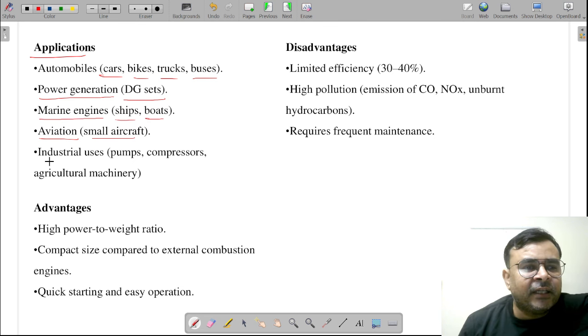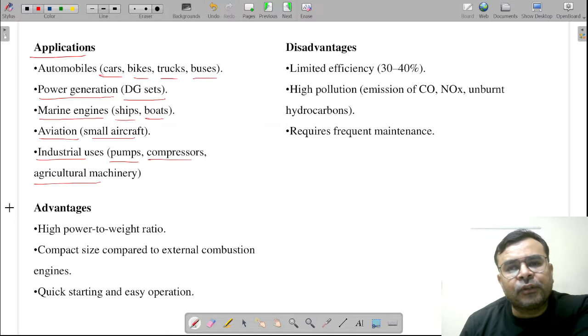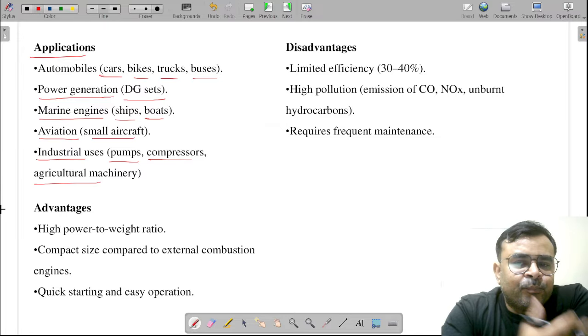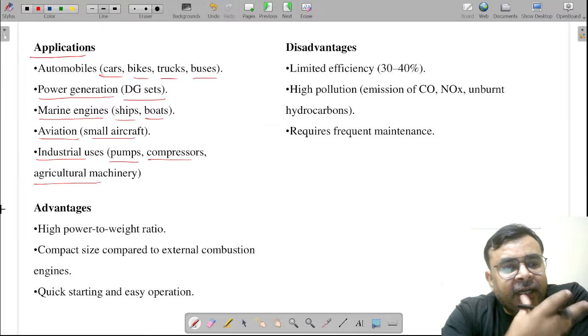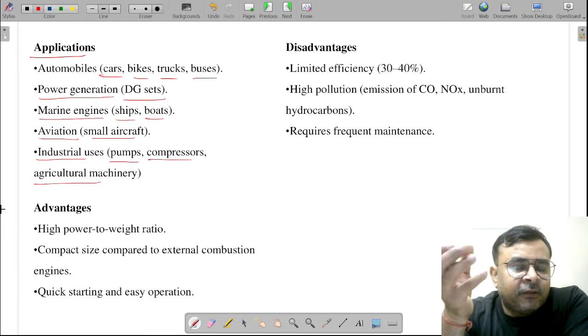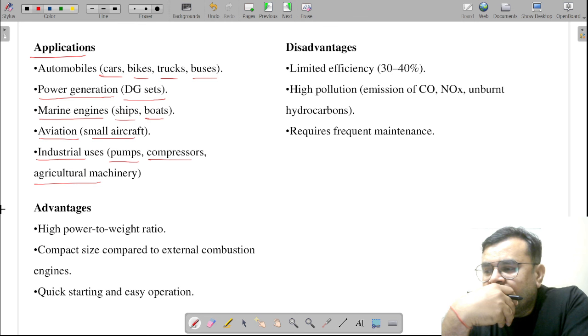In industry, we have several applications like pumps and compressors, and even on the roadside, the puncture repair shops use a compressor, and that compressor is also run by an IC engine. So we can see many applications of the internal combustion engine in our daily life.